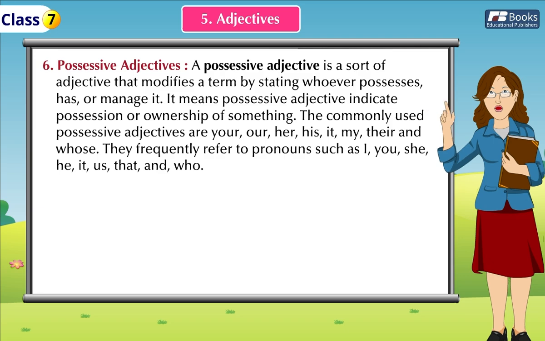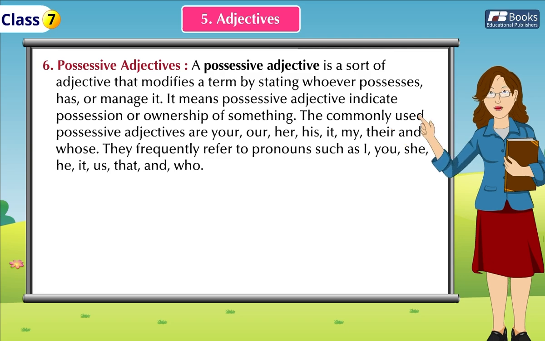Sixth, possessive adjectives. A possessive adjective is a sort of adjective that modifies a term by stating who possesses, has, or manages it. It means possessive adjectives indicate possession or ownership of something. The commonly used possessive adjectives are your, our, her, his, its, my, their, and whose.